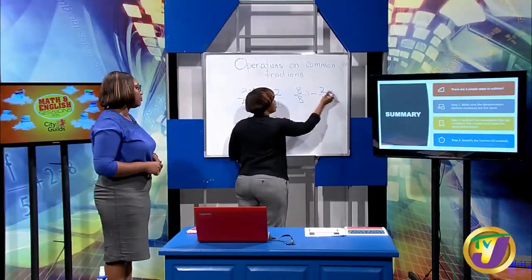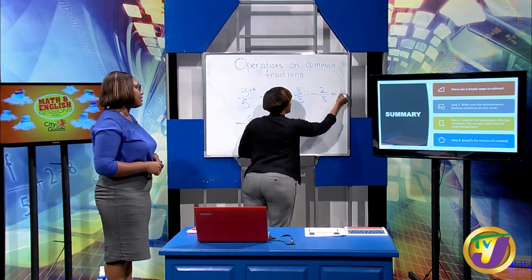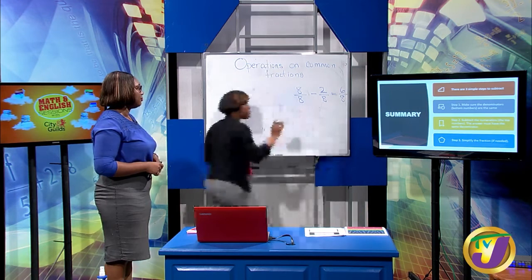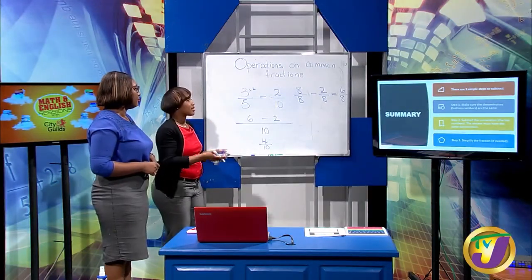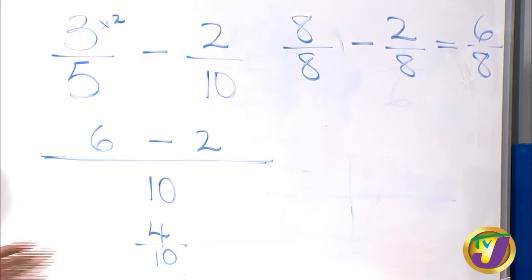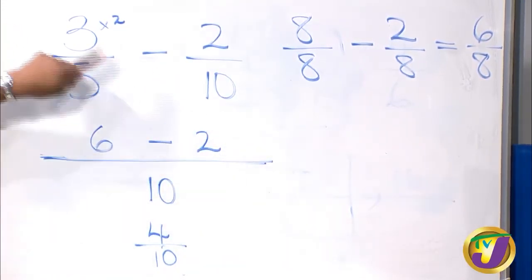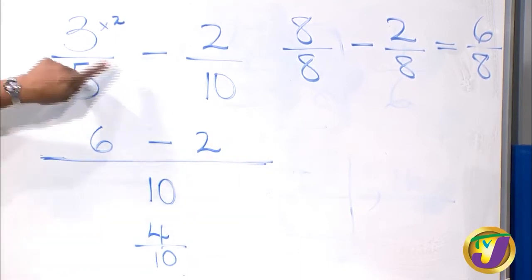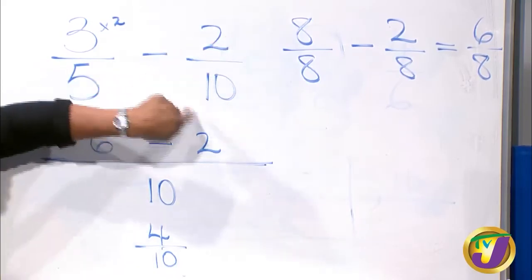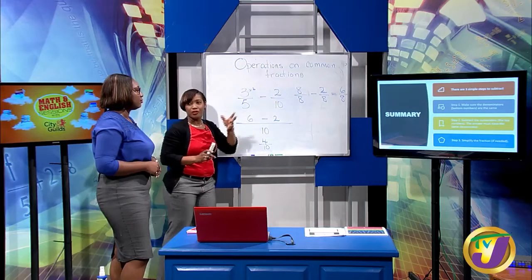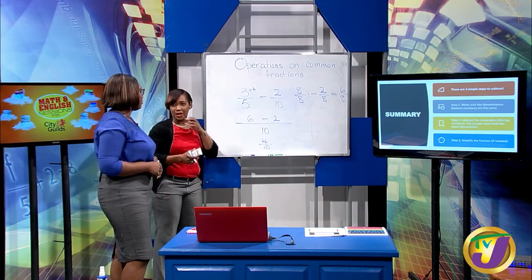So you just subtract the numerators. So 8 subtract 2 gave us 6, and we kept the 8 because we're working with that one whole that we're subtracting from, which was divided into 8 parts. However, if we are working with the same whole, but we're referring to that whole in terms of fifths, and we're also referring to that whole in terms of tenths, we must refer to them in only one partition.